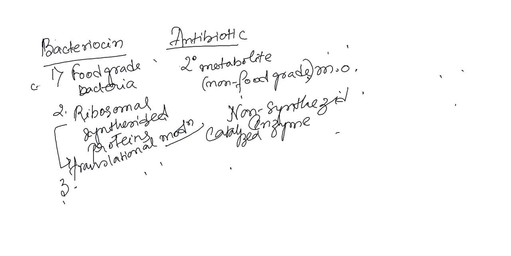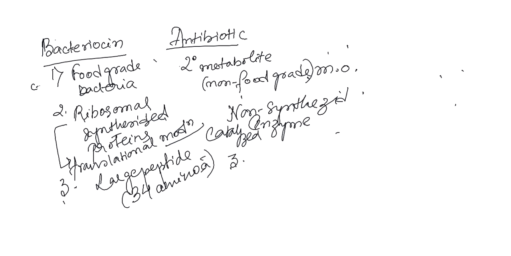The third point is that bacteriocin is basically a large peptide. Usually they will have around 34 or more amino acids. Whereas antibiotics are non-proteins. They are smaller, small peptides, and we can form them synthetically.